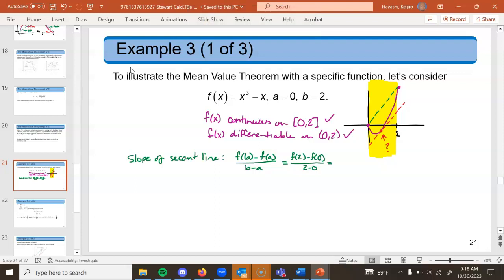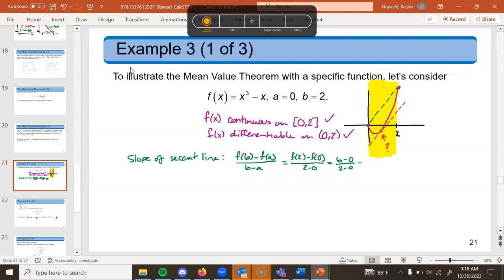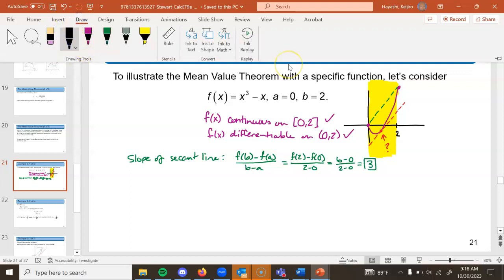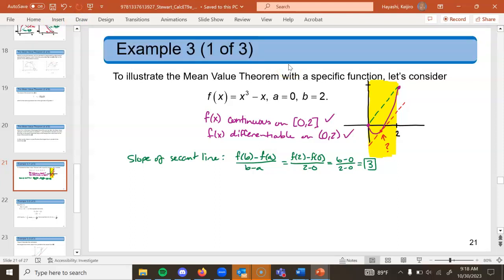Plugging in 2 gives you 6. Plugging in 0 gives you 0. For a slope of 3. So that secant line has a slope of 3. Which kind of makes sense. I mean, you're going from the point 0, 0 to 2, 6. That's going to have a slope of 3.